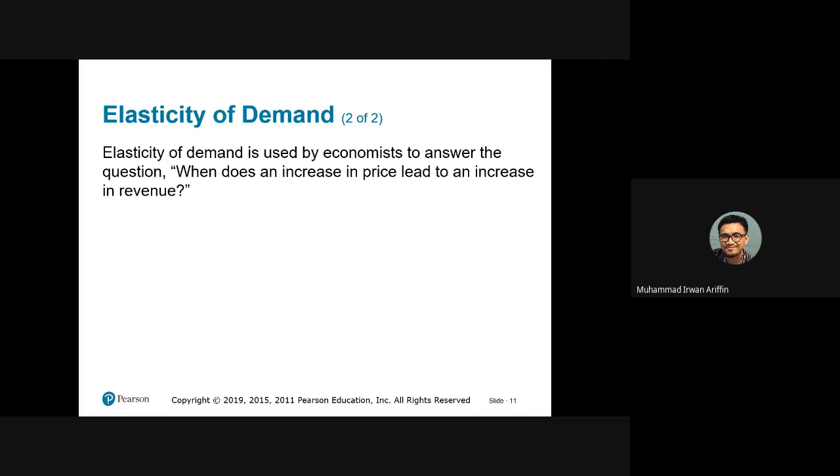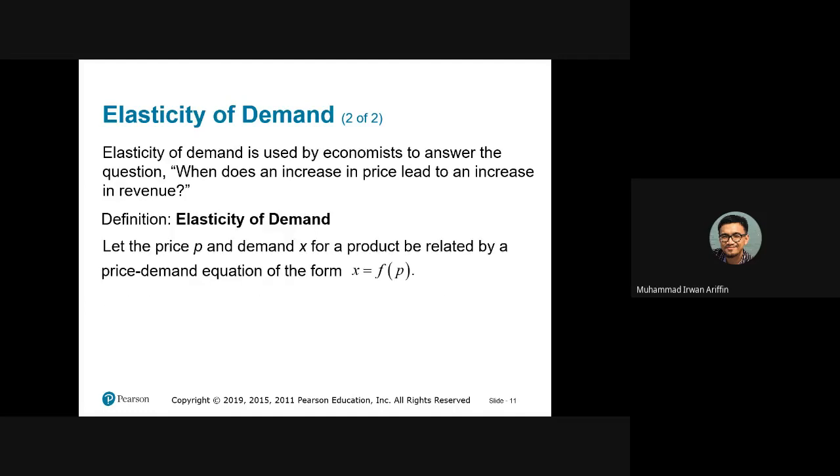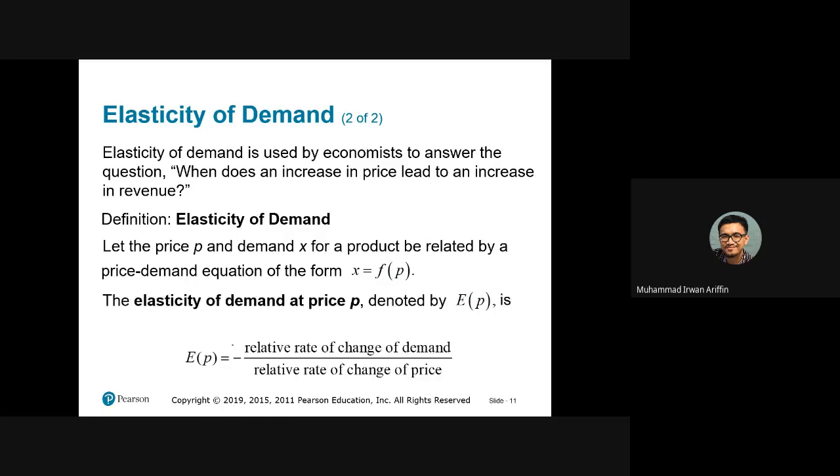For elasticity of demand, this is how we define it. X is quantity, and quantity depends on price, it is a function of price. So let's say this is our price demand equation. To find the elasticity of demand, we investigate the relative rate of change of demand divided by the relative rate of change in price.